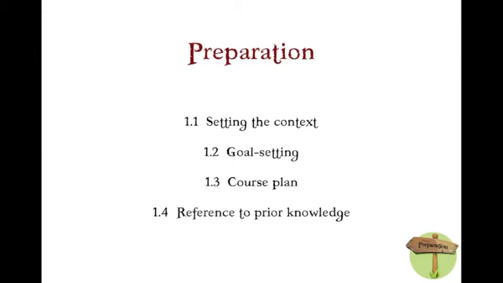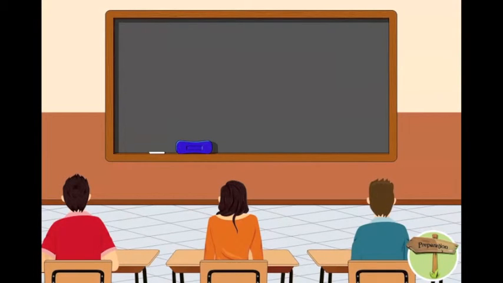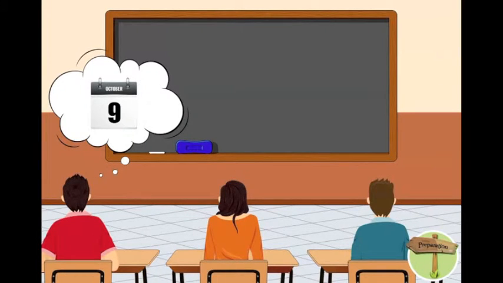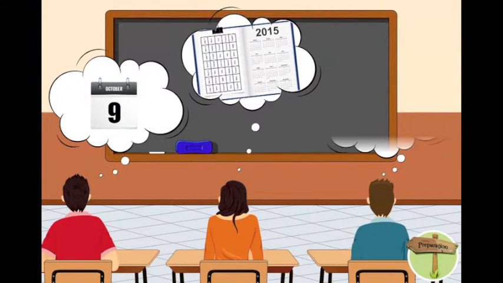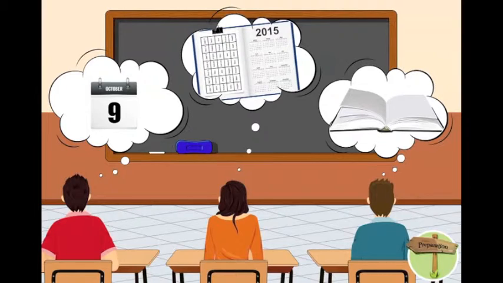Reference to prior knowledge. Referencing prior knowledge helps the learner identify if something new or a follow-up is being taught. If it is a follow-up, it is important to situate the learners by reminding them about when and what was previously taught.